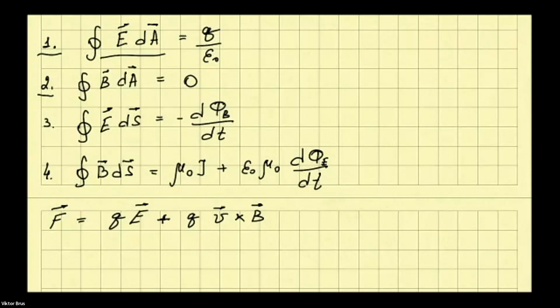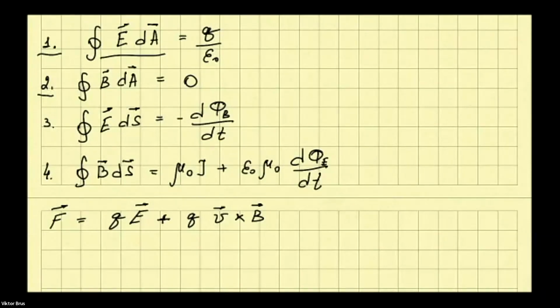So there are no equivalents of electric charges which are sources for magnetic field. And that stands because we have this 0 here.